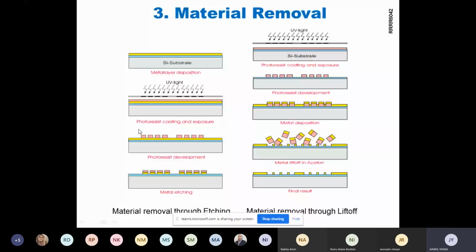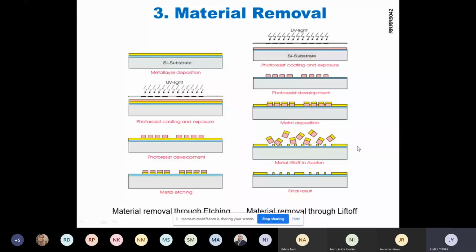So we coat photoresist and then expose. So we have the photoresist pattern here. This pattern acts as the mask to protect this area during etching. Then we etch, so we have this structure. The final process is to remove the photoresist. Then we have the first metal layer.